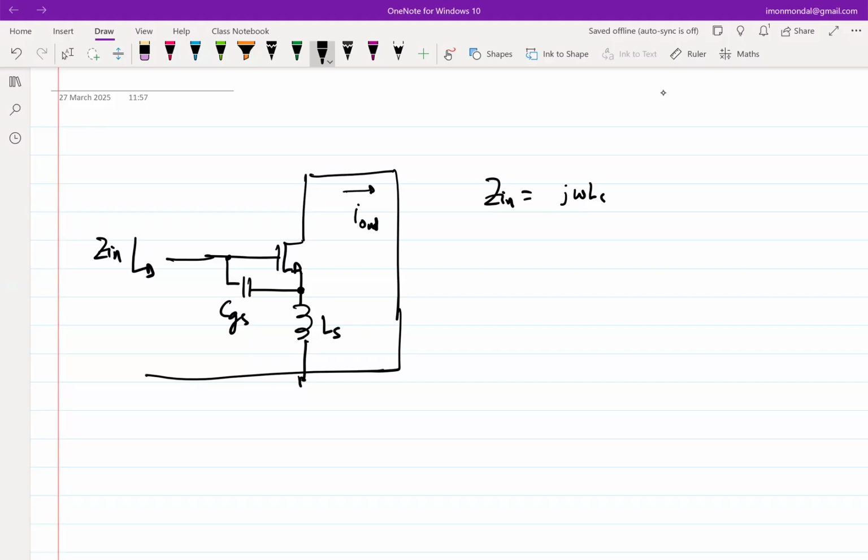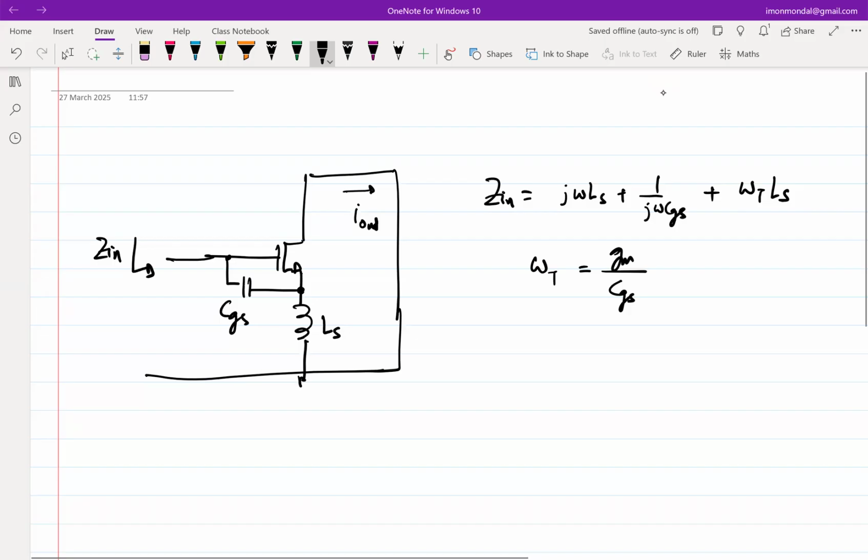So j omega LS plus 1 by j omega CGS, plus we had a real term, which was omega T times LS, where omega T is GM by CGS. So this is the GM, the transconductance of the transistor.